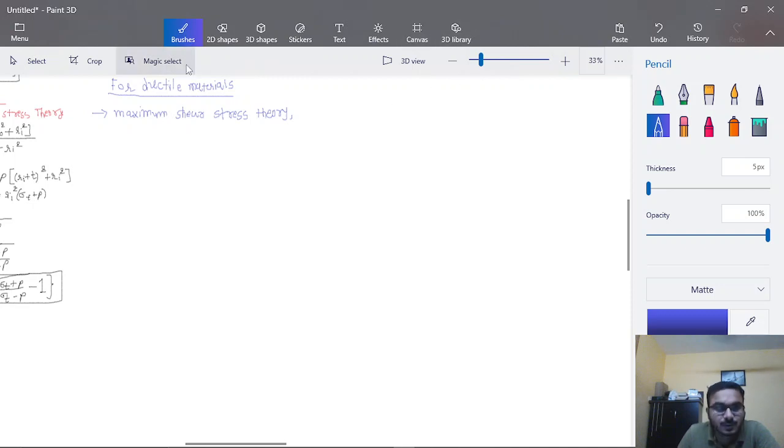For that, first of all, we need to write down the maximum and minimum stresses.